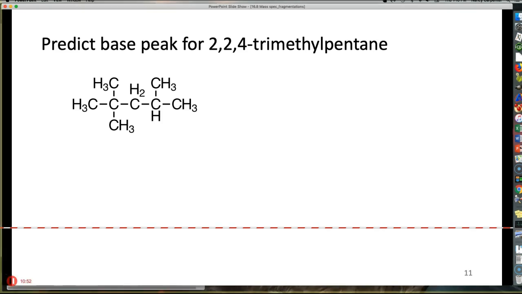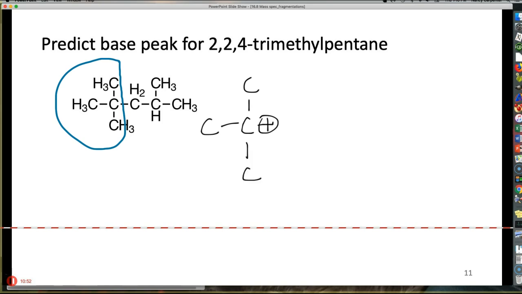Well, what I look at here and see, boy, it makes real sense to me that it's pretty likely that I would see a tertiary carbocation and this radical.